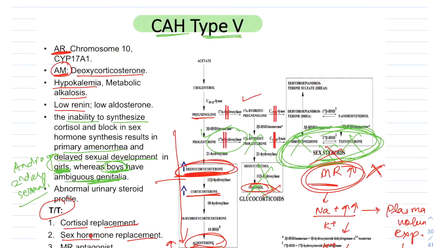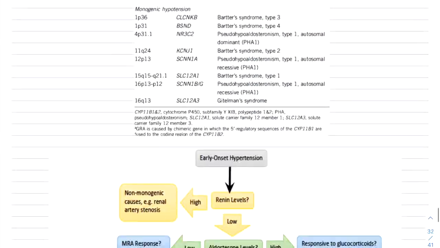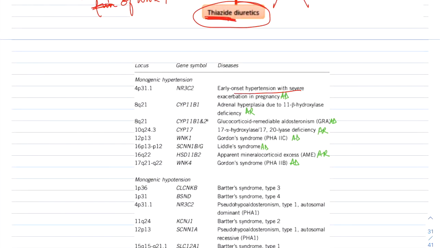One thing I've not discussed is the early onset hypertension with severe exacerbation in pregnancy. Just remember that it is inherited in an autosomal dominant fashion. The adrenal hyperplasias due to 11 beta hydroxylase deficiency, that is CAH type 4, and due to 17 alpha hydroxylase deficiency, CAH type 5, are inherited in an autosomal recessive fashion.